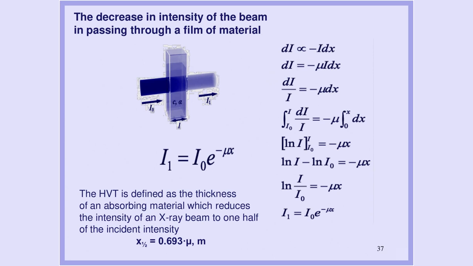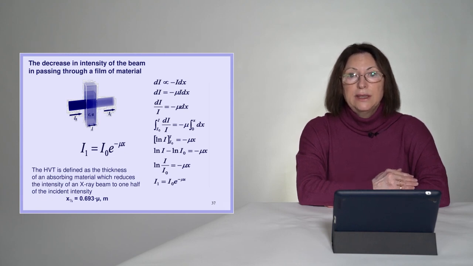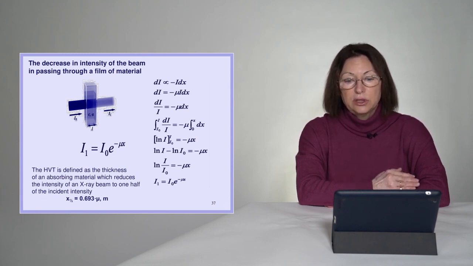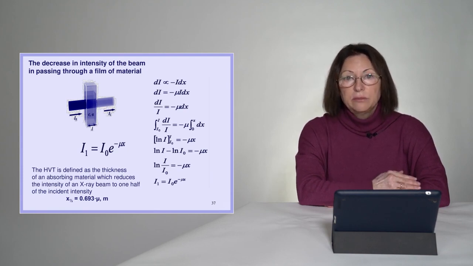Now we can consider this process in terms of intensity of X radiation. What is the intensity? Let me remind you. It is just the energy carried by X radiation per unit time through the unit cross-section area of the material.